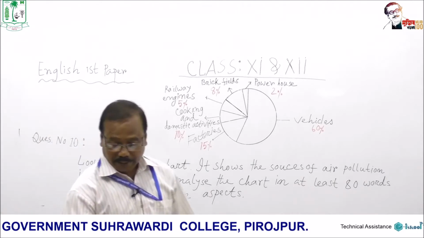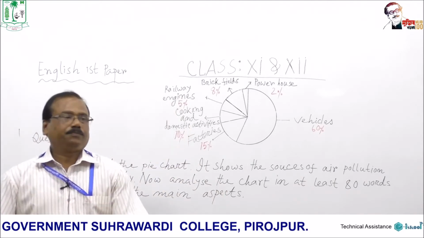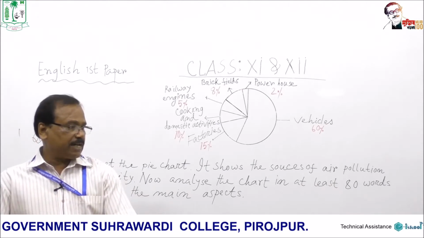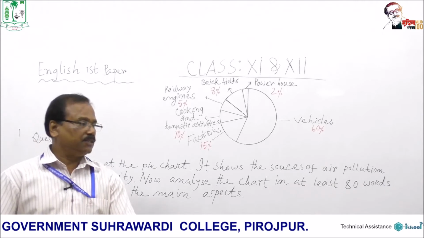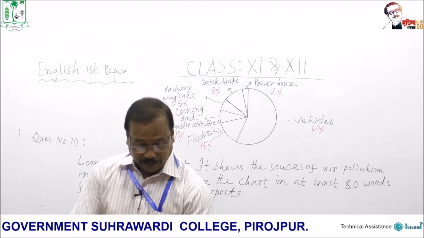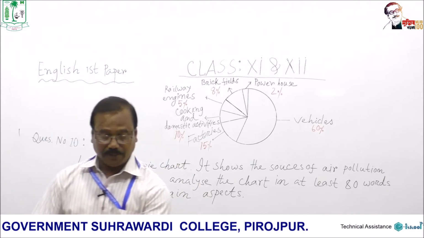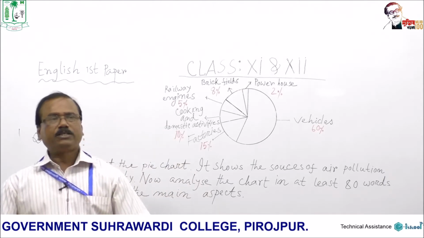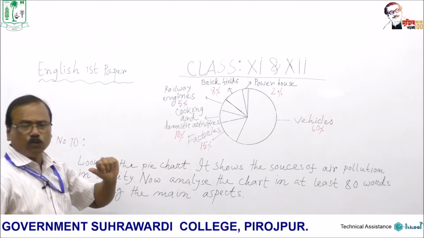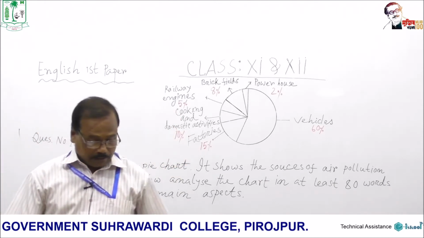It's a very easy question, but most of you usually get afraid of answering this question. But if you think it very deeply, it will seem to you very easy. From the chart, you can write down the answer easily.